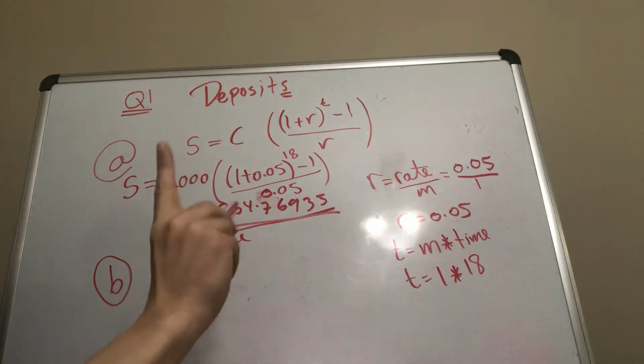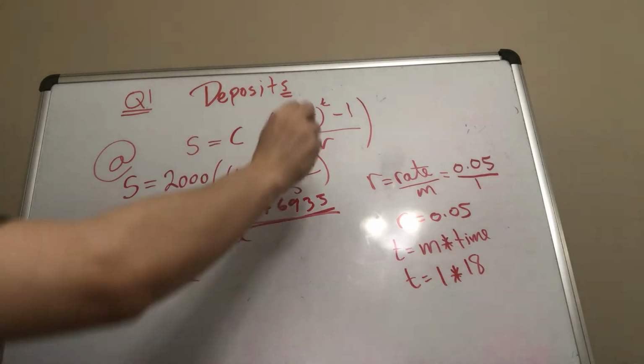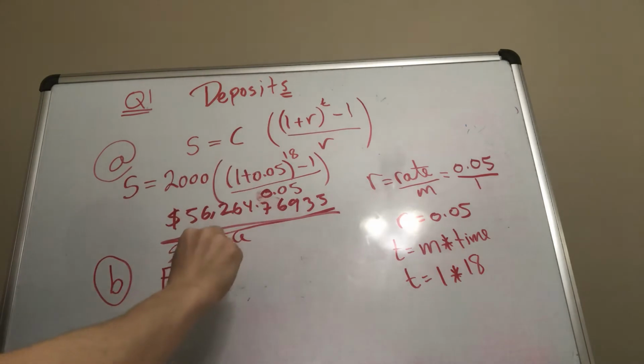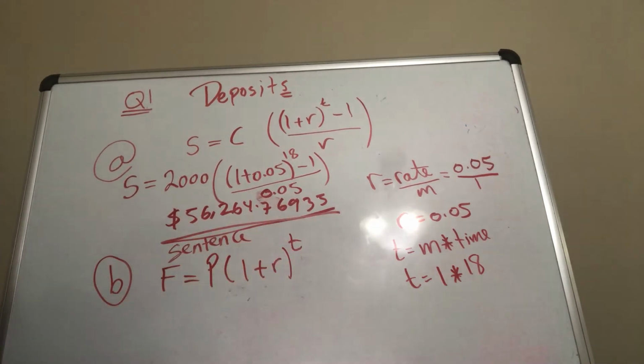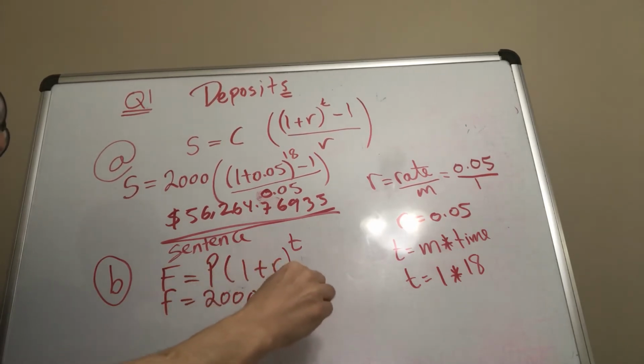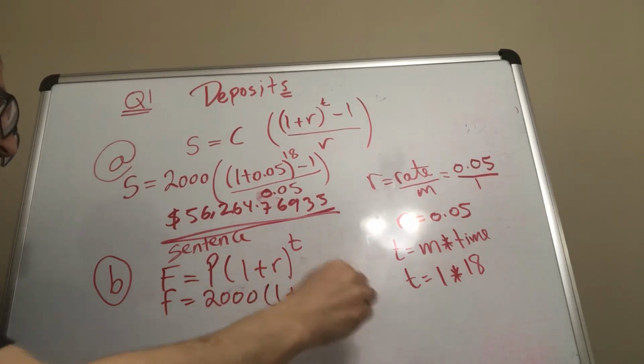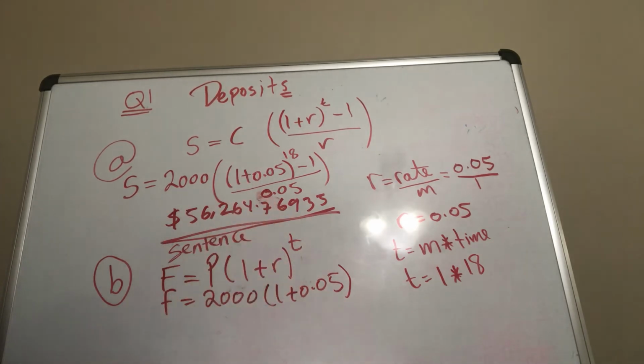Anytime you do a future value for a single payment, not for deposits like this one, we use the formula P(1 plus RT). The payment they missed is 2,000. It's the same interest. And they missed it when she was 12.